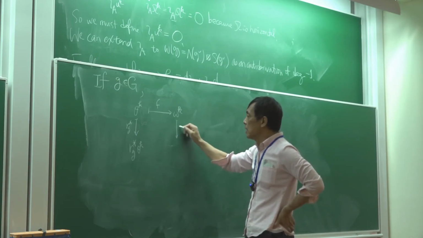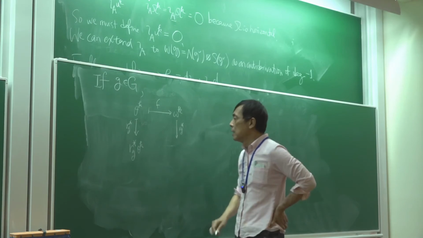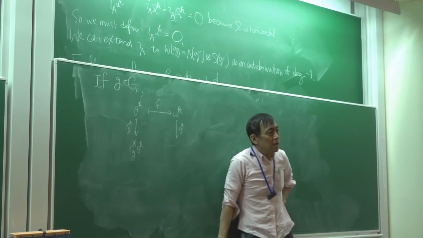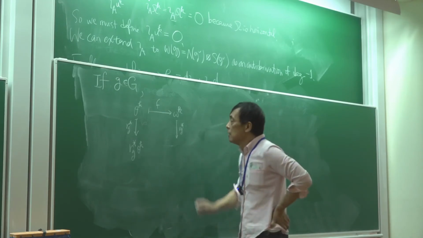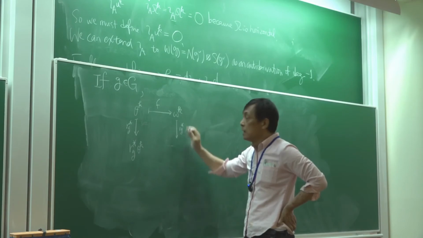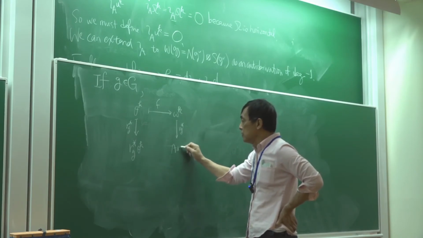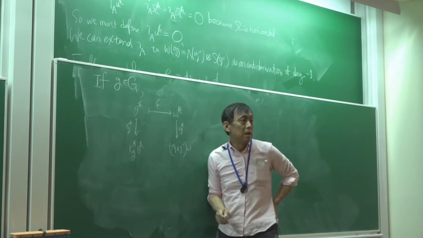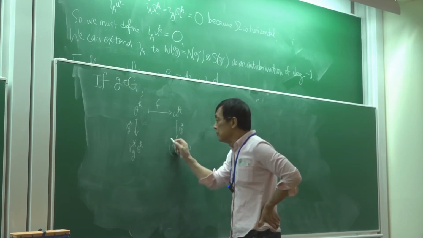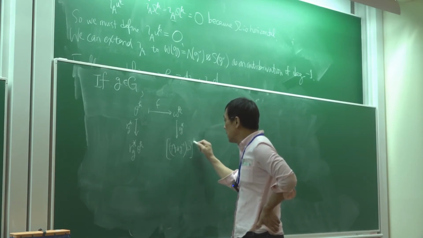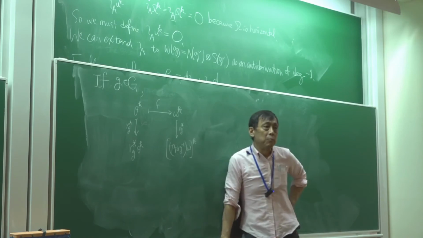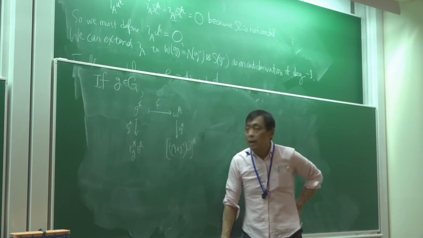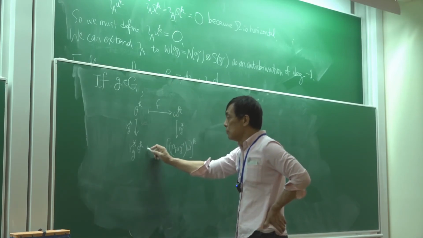And then, what does RG star go to? So RG star of omega is Ad g inverse of omega. And so you just need to take the kth component with respect to the Lie algebra. Okay. And then that's what this should go to.